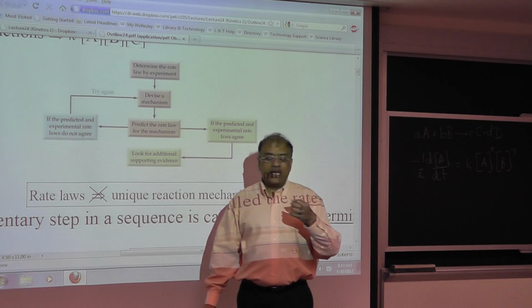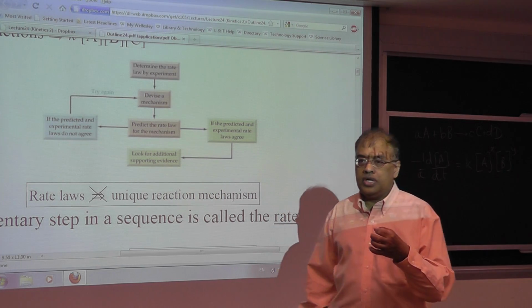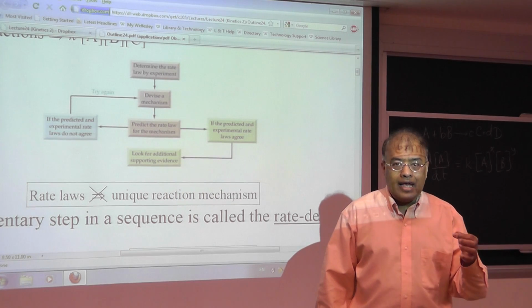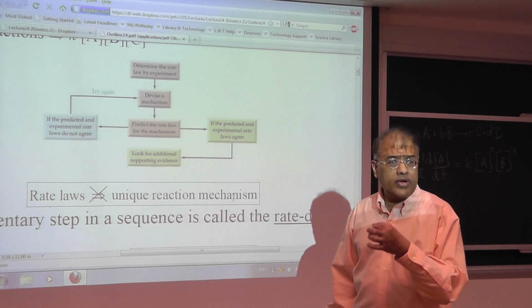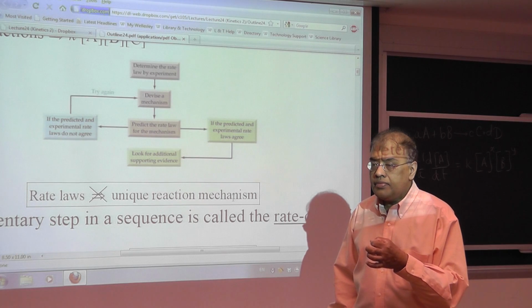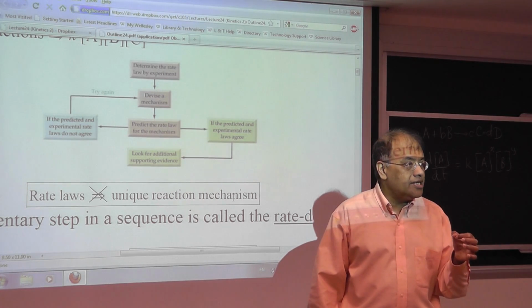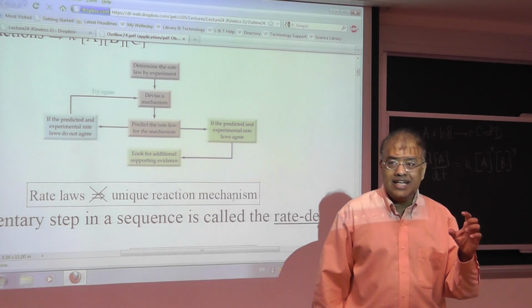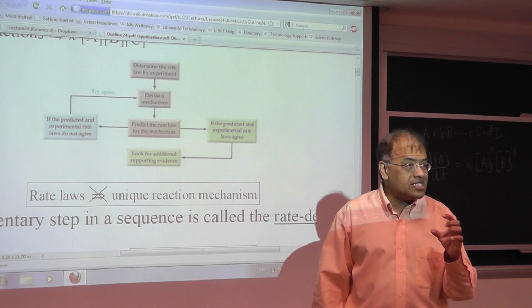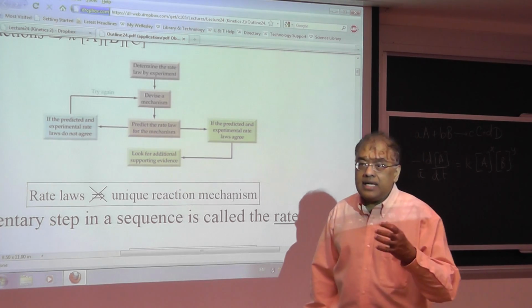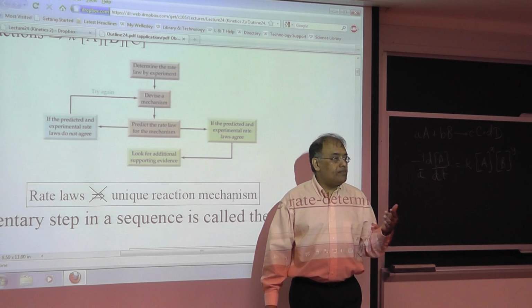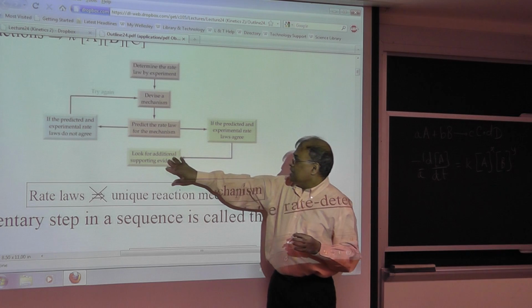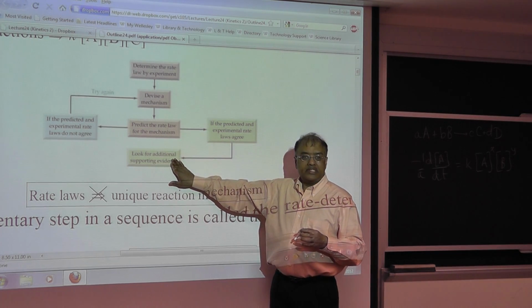For example, if you're looking at the depletion of ozone catalyzed by chlorine, your mechanism is proposing chlorine monoxide as an intermediate, then it would be very nice to be able to spectroscopically identify this intermediate in that reaction, in which case you can say to a high probability that the mechanism that you're proposing is a reasonable mechanism. So that's what I mean by look for additional supporting evidence.